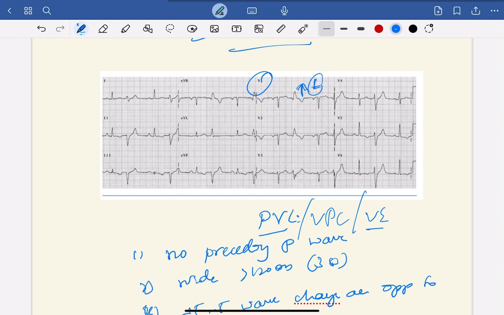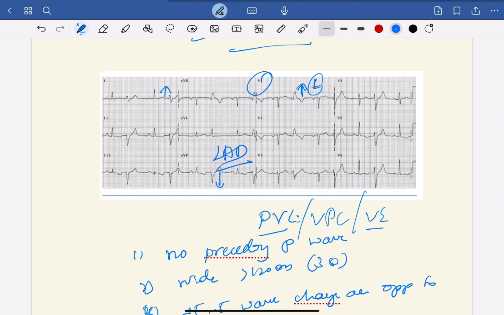And after identifying whether it is on the left or right side, you have to see the axis. What happened to the axis here? aVF is predominantly down, and in lead I it is predominantly up. So both are leaving each other. When both are leaving each other, it is called left axis deviation.